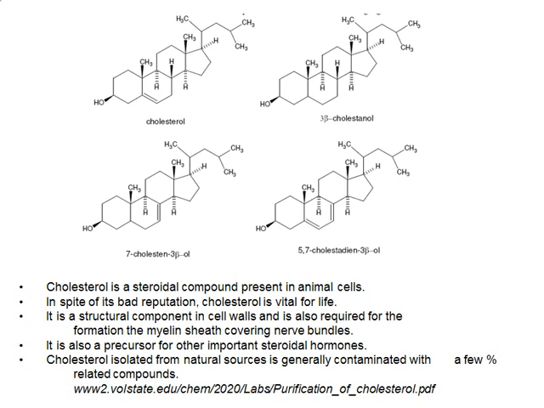The structure of cholesterol is on the upper left, and you see the structure of three other compounds, one just to the right of it, cholestanol, and the two below that contain double bonds.